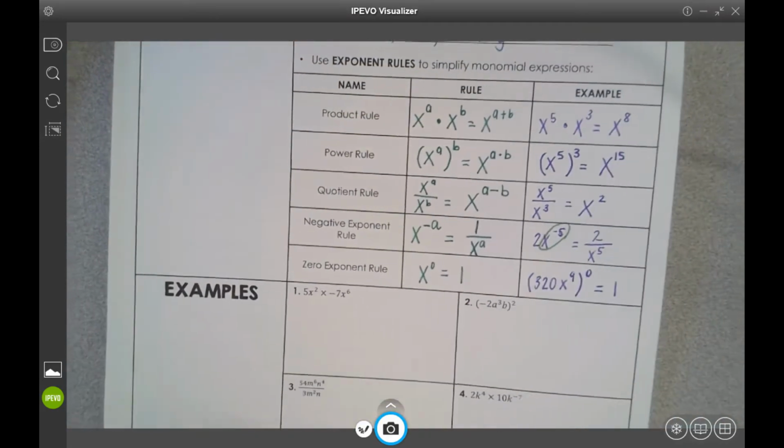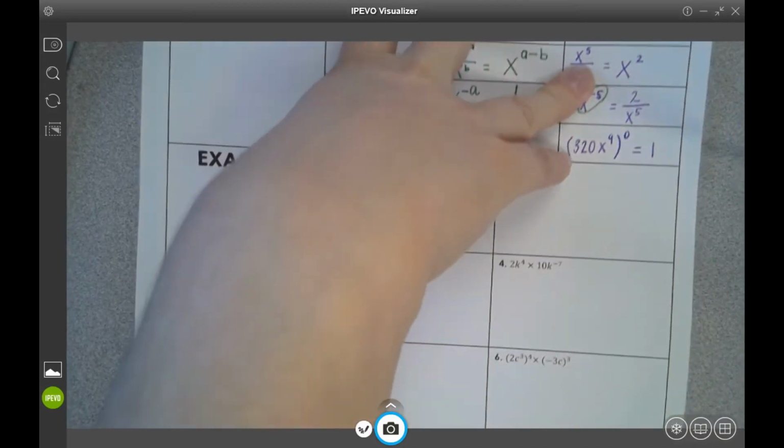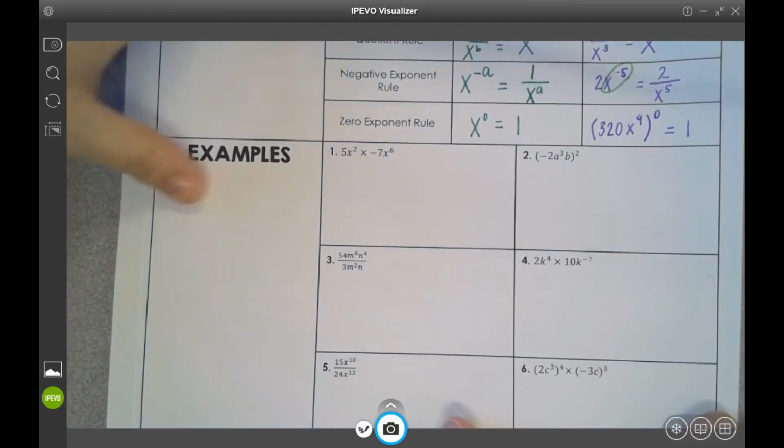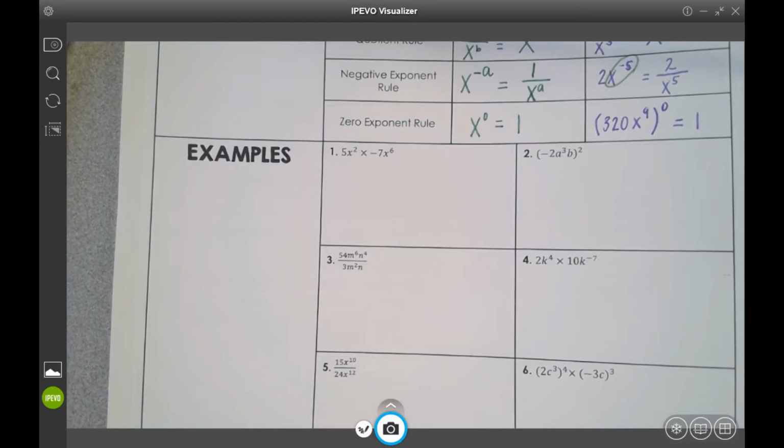So let's do some examples and throw these all together. So number 1, 5x squared times negative 7x to the 6th.